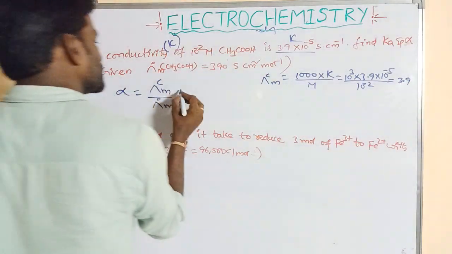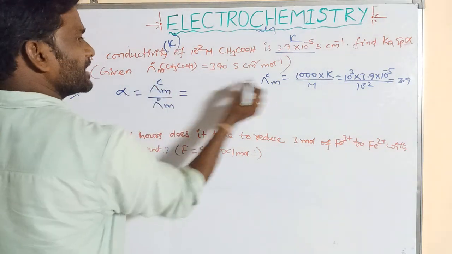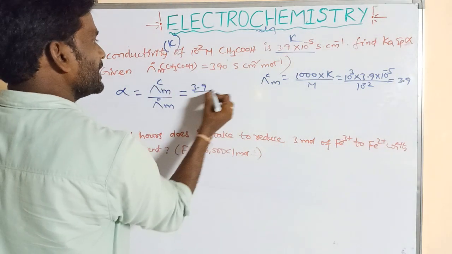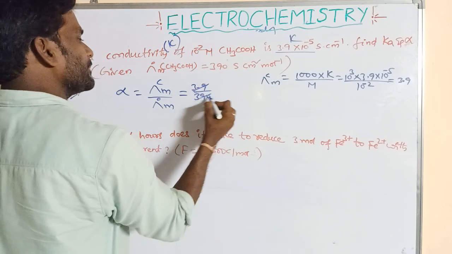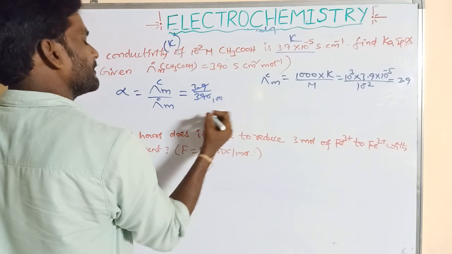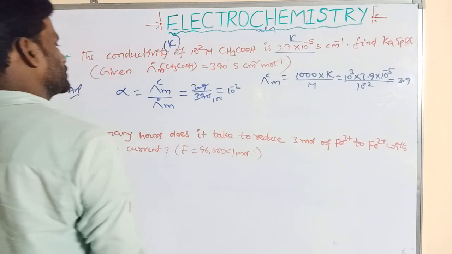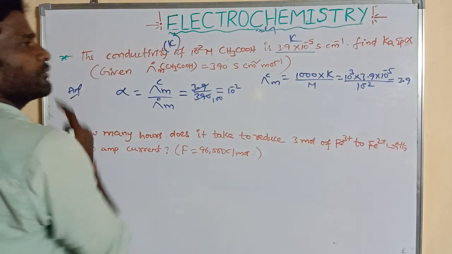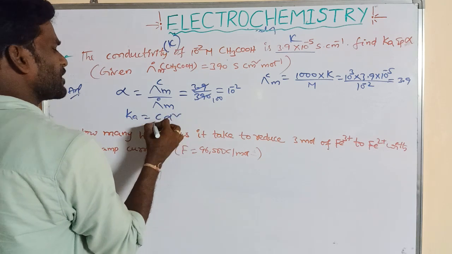Now here the limiting molar conductivity is given. So alpha is 3.9 by 390, so that can be written as 10 to the power of minus 2. And what is Ka? Ka is equal to C alpha square by 1 minus alpha.